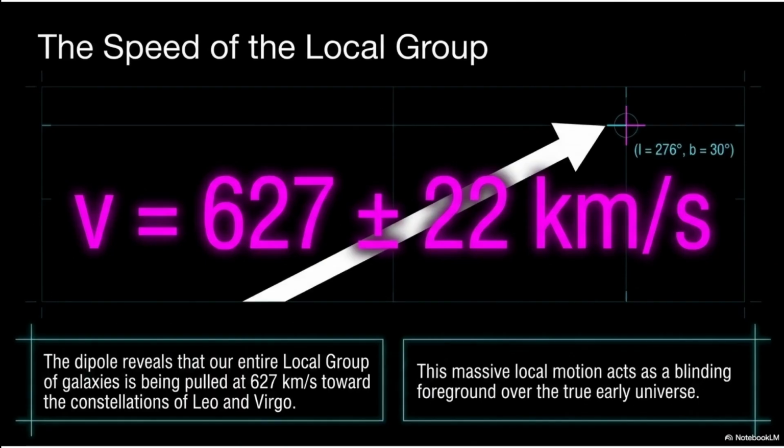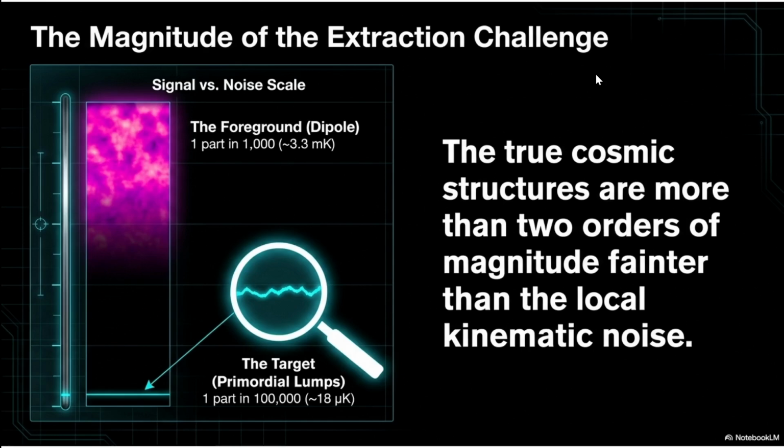So it's not just that we need to subtract off Earth's motion, or the sun's motion around the galaxy, or the Milky Way's motion with respect to Andromeda, but we also have to consider the local group. And so this makes it very, very challenging to notice the expected variations that were left over from the Big Bang, because this dipole component is, again, around 3 millikelvin. So in other words, it's 1 part in 1,000 compared to the signal.